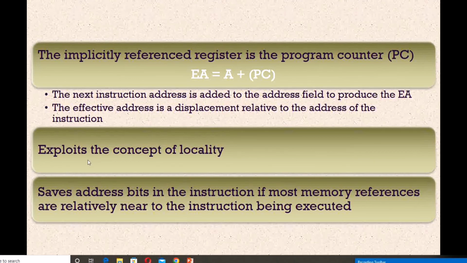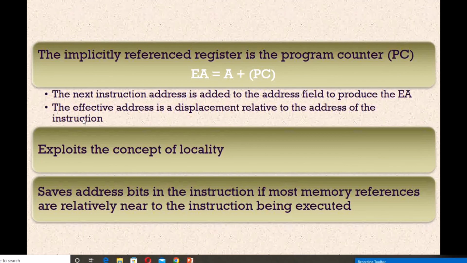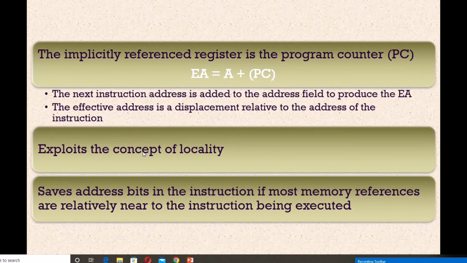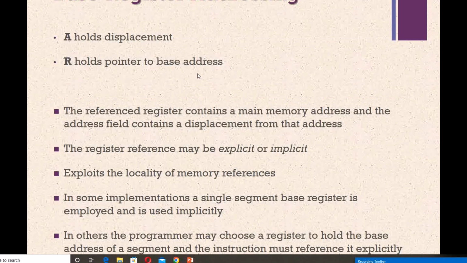The main advantage is that address bits and memory size are saved, and the instruction cycle execution time is reduced. There are also base register addressing, used only for addressing the data.